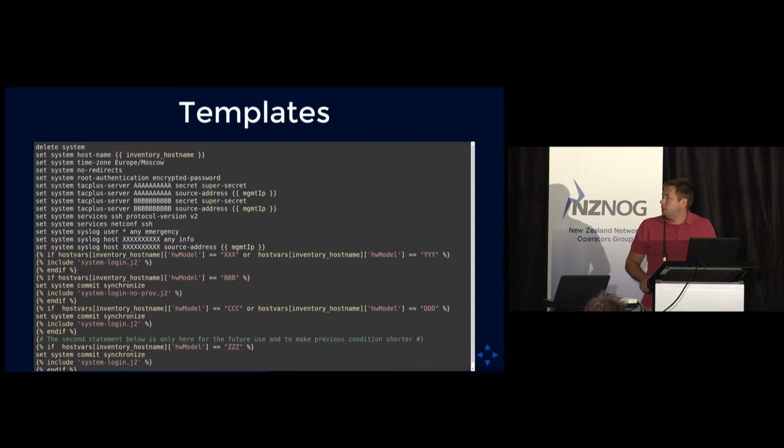You supply the whole config in set commands, and you can see there are conditions in there, so you can use conditionals in the templating engine, and based on the conditions you can include other files as well. In the example, depending on the access group, I'm changing the config, so some of the people who are, for example, in the provisioning team can have access to the peer routers.